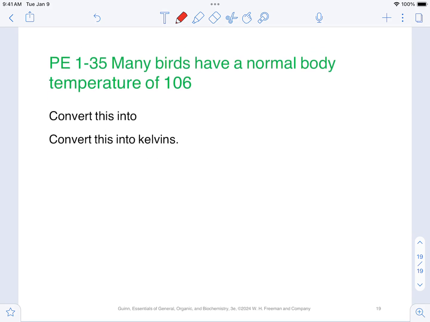So next, it says many birds have a normal body temperature of 106 degrees Fahrenheit. Convert this into degrees Celsius. So we have our equation, and we would plug in 106.